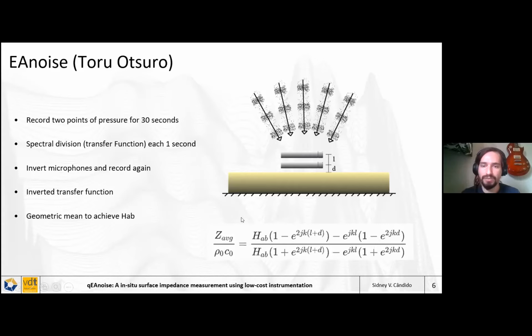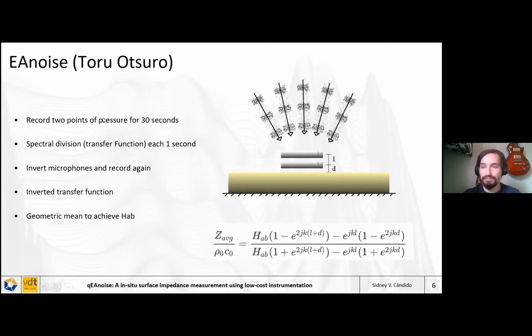This enters on this equation that is deduced from the plane wave assumption, considering that you are averaging the angles of incidence because you don't know where the sound is coming from. You don't know the angle of incidence. The main thing that was achieved here was to remove the angular dependency of this equation.